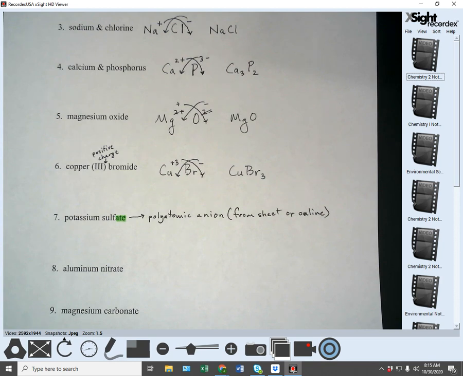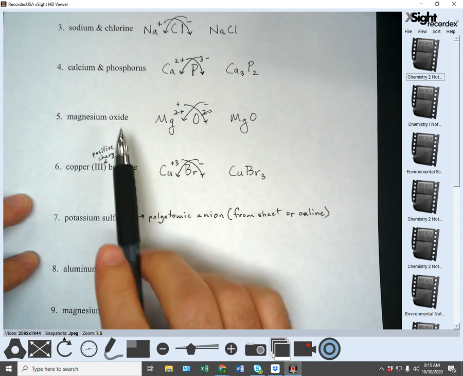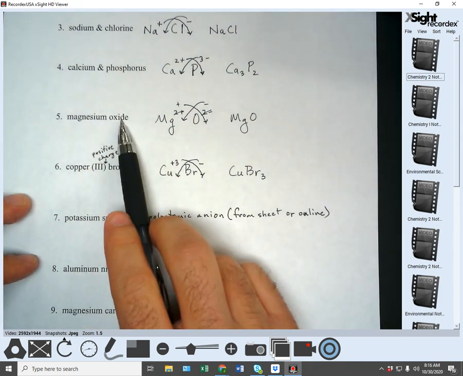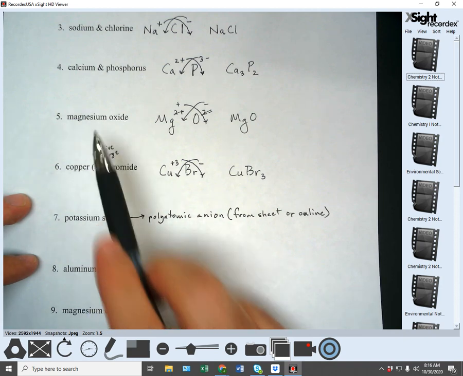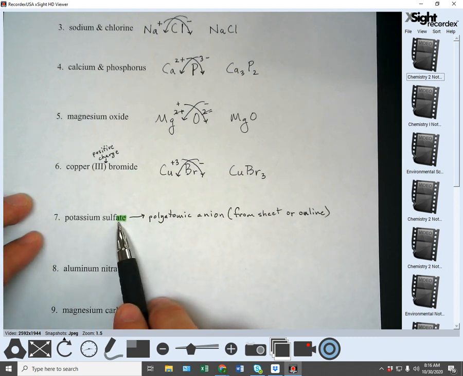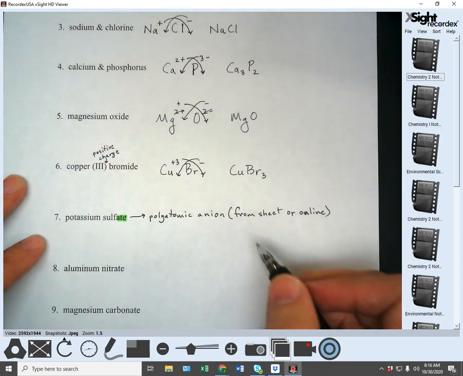So the ides, with some exceptions, but usually the ides mean it's a monatomic anion from the periodic table. So if it's not an ide at the end of the anion, then you know that it's a polyatomic. Okay.